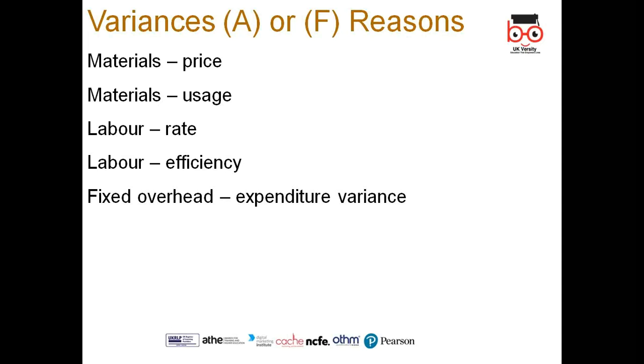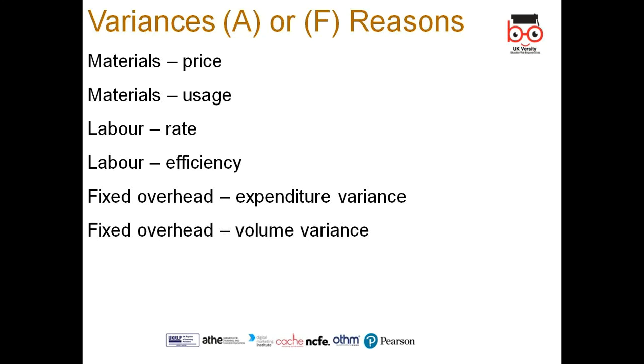Fixed overhead. Overhead is not direct, but is like accountant fees and advertising fees, and we can look at what it should be. Volume: we're supposed to produce 100 units, but we managed to produce 120, so the variance is in our favor.